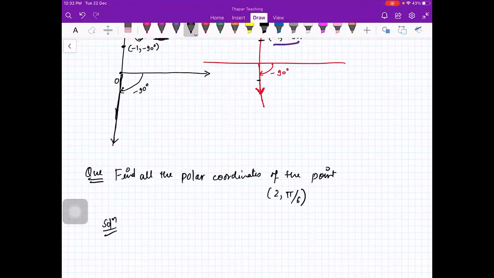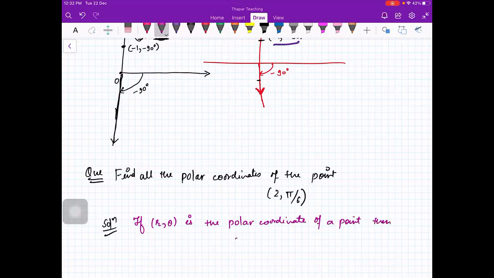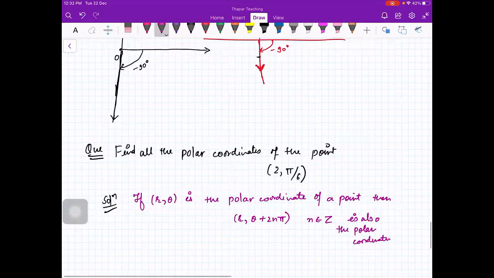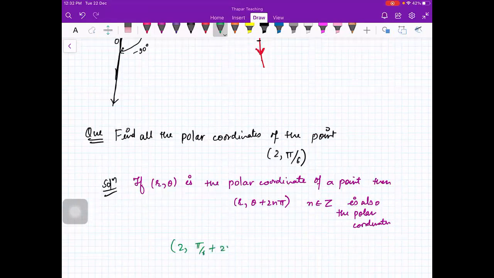So I already told you, if r comma theta is the polar coordinate of a point, then r comma theta plus 2n pi, where n is an integer, is also the polar coordinates of the same point. Right? Now here you have 2 comma pi by 6 plus 2n pi.